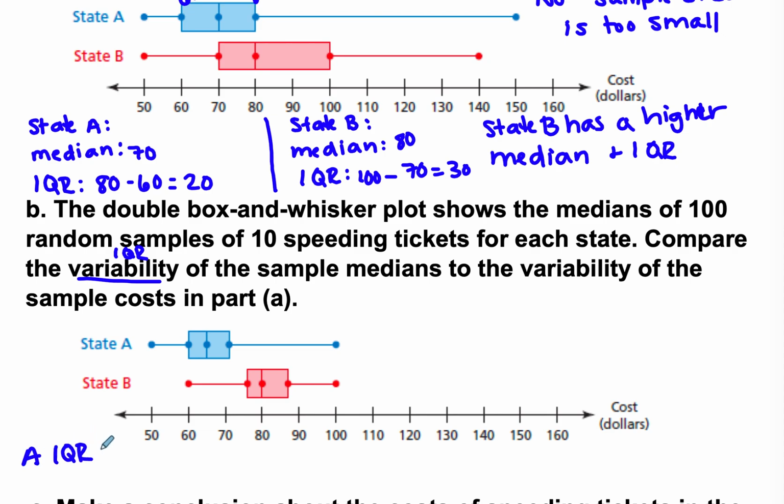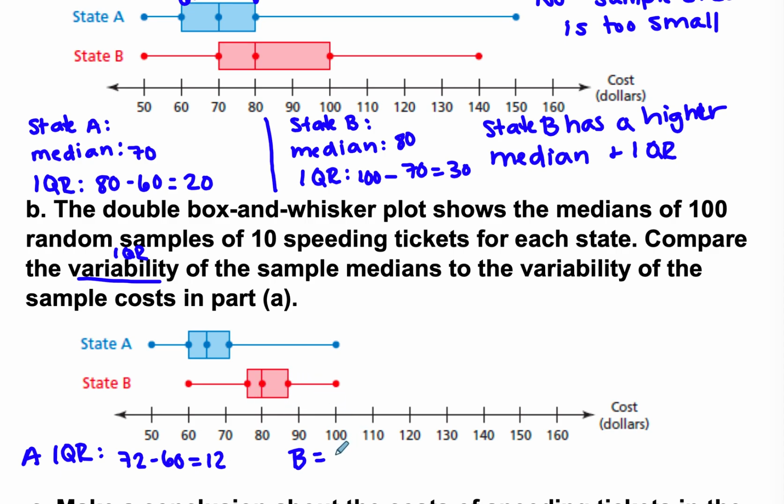Okay, so for the IQR for A, let's see, we've got 60 and 70. Maybe a little more than 70. It's a little hard to tell here. I'm going to call that 72. So state A, it's about 12. State B, let's see. Oh, maybe 76 and 88.